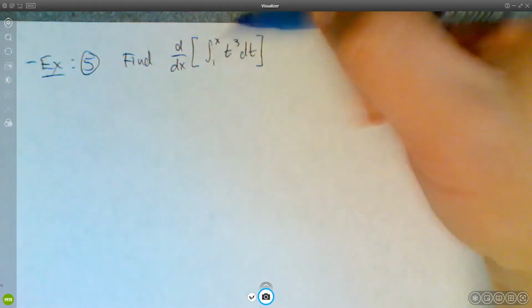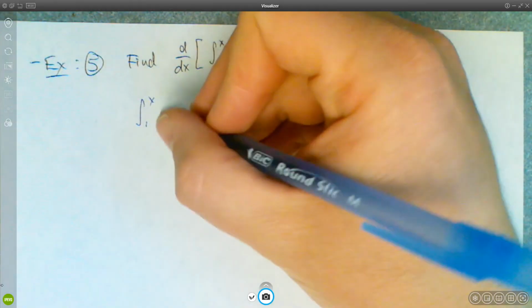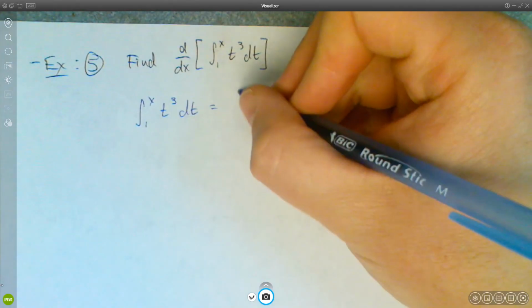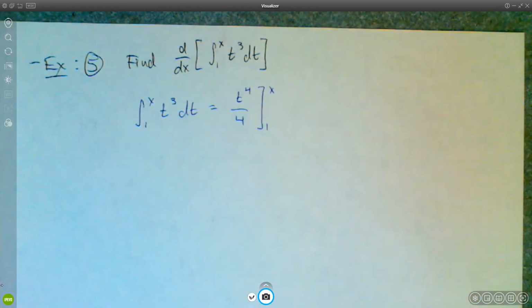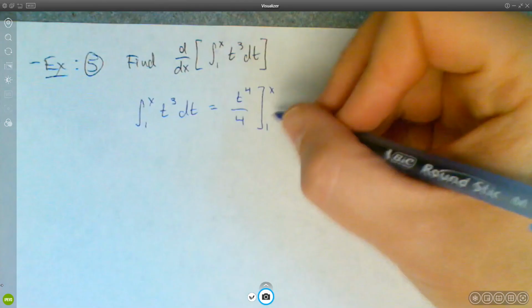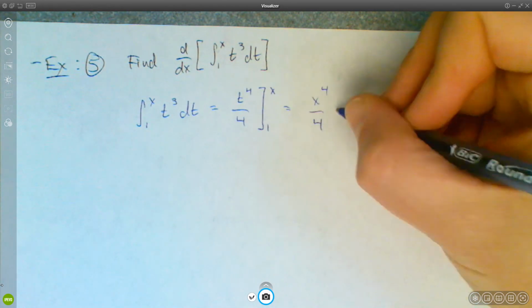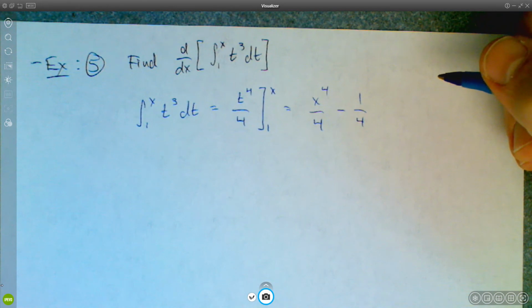So the integral from 1 to x of t cubed dt should be t to the 4th over 4 from 1 to x. If I plug in x, I get x to the 4th over 4, and if I plug in 1, I get 1/4.